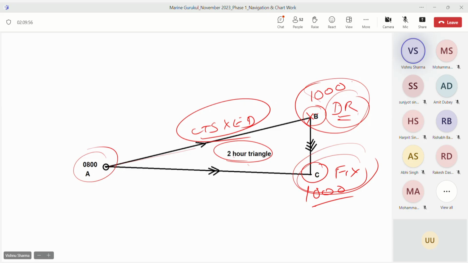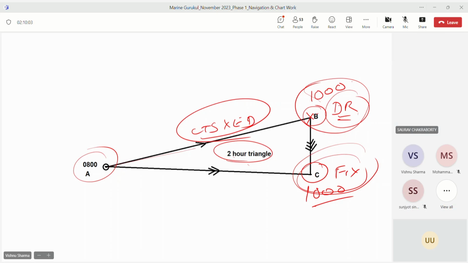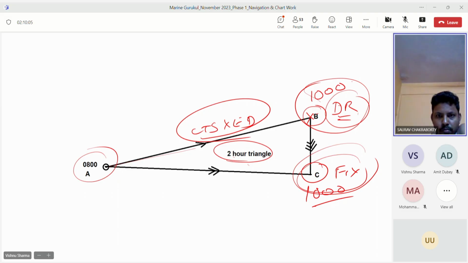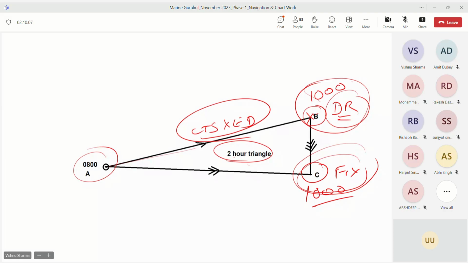I don't know why it's not sinking into your own heads that we need to pass. Brother, who has remembered DR to fix now, after hearing so much scolding?